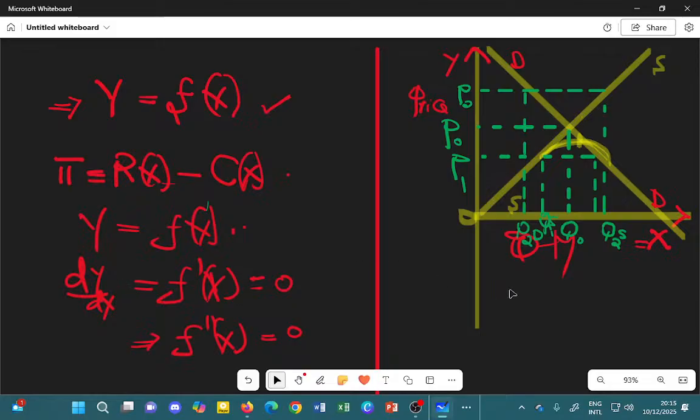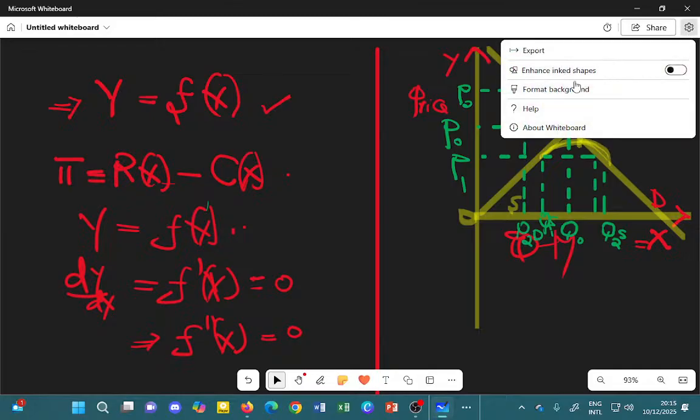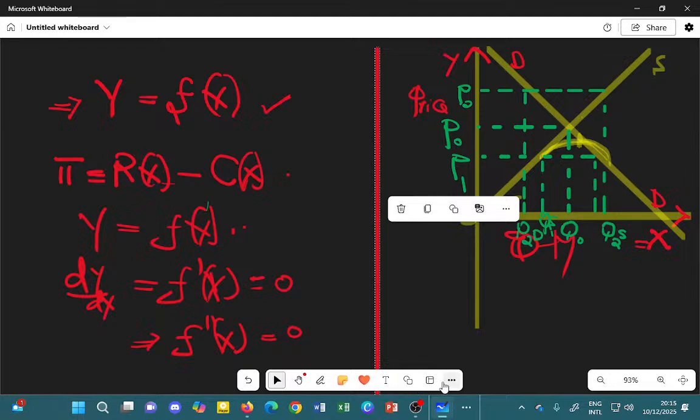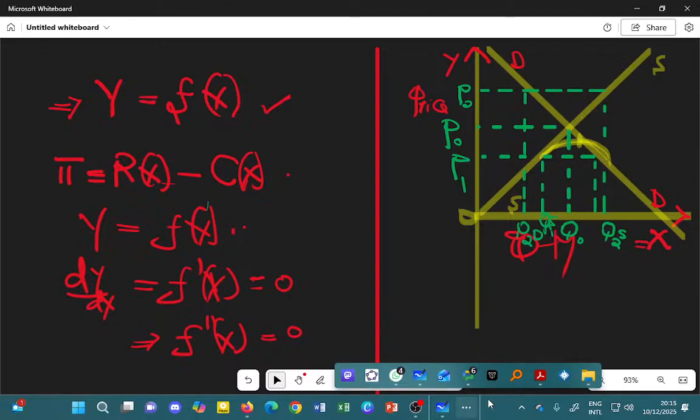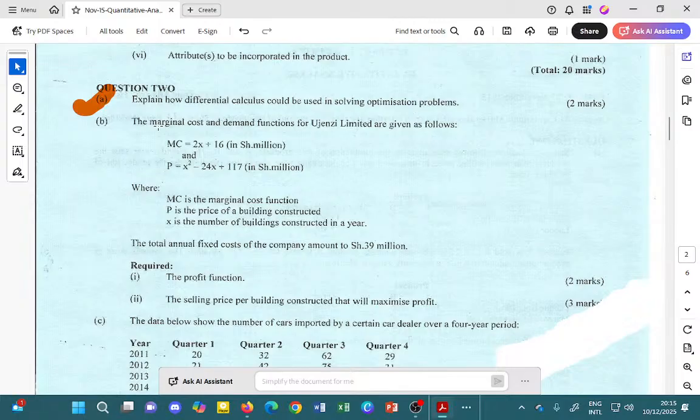So let me look at the second question. The marginal cost and demand functions for Ujenzi Limited are given as follows.